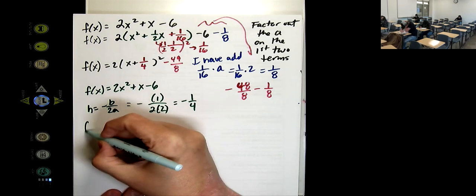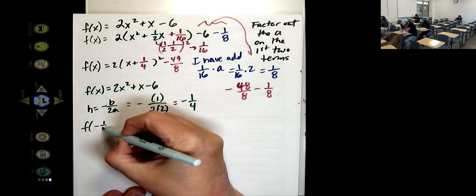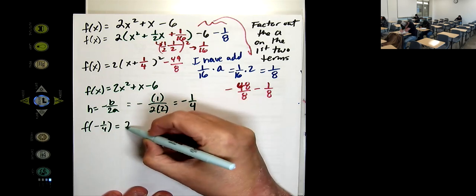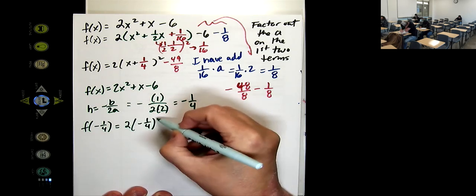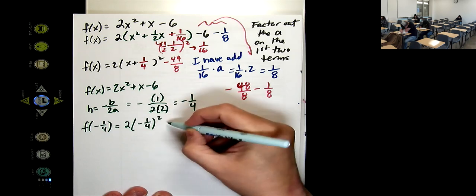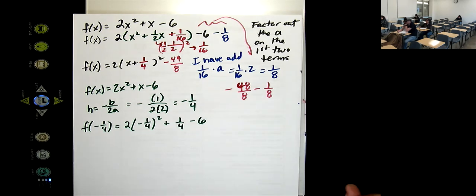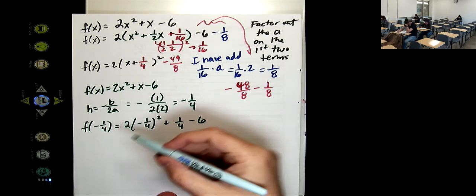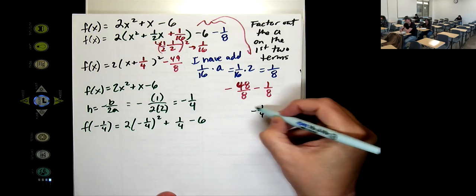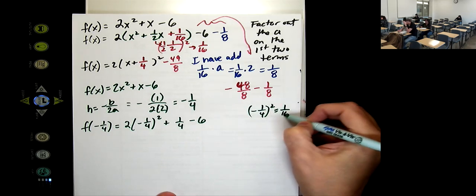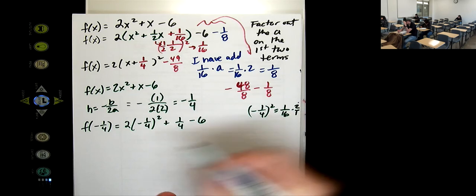And if I stick that into the equation, this part isn't gonna be pretty, but it's doable. One-fourth squared is 1/16. And if I multiply by that 2, I get a 1/8 there.